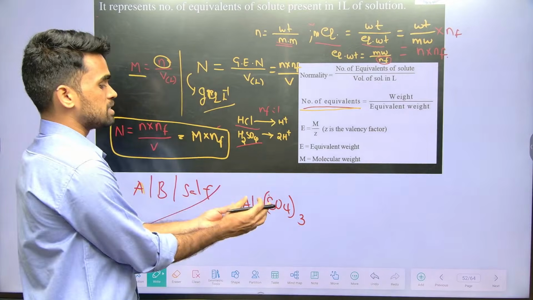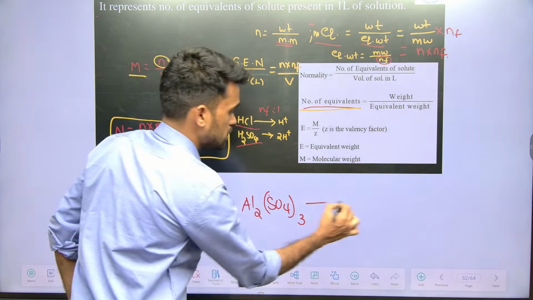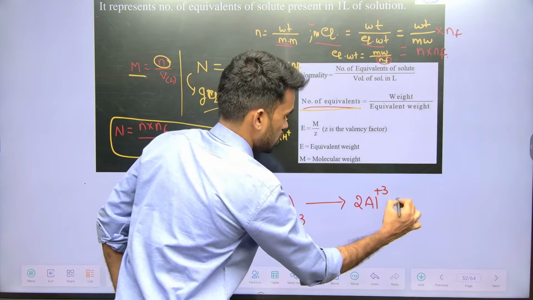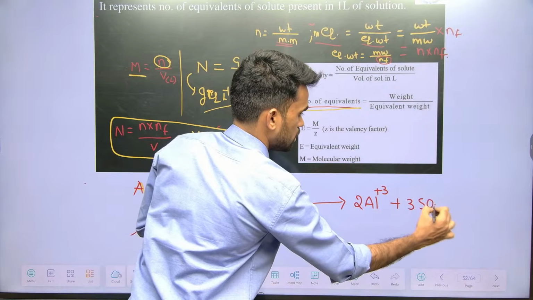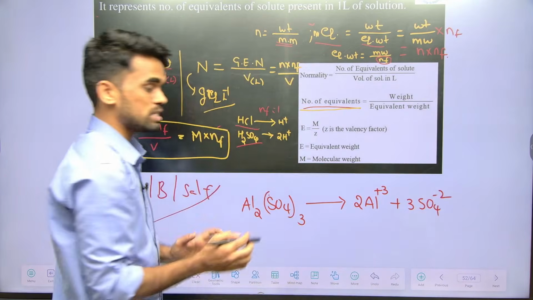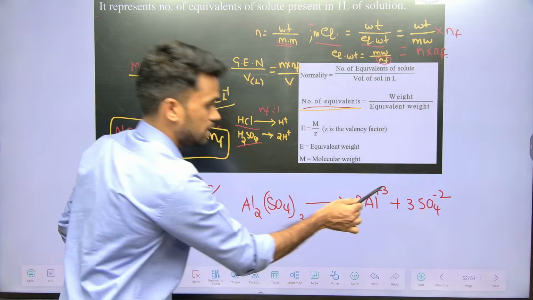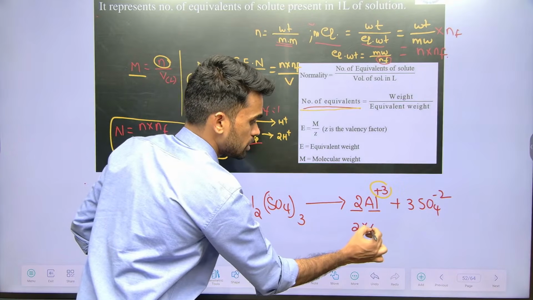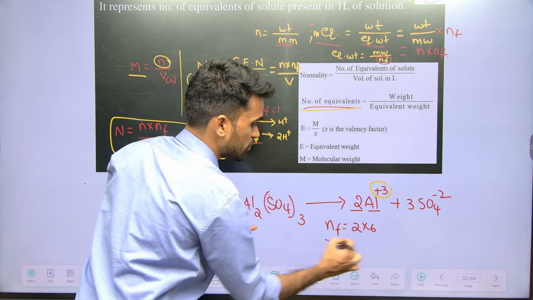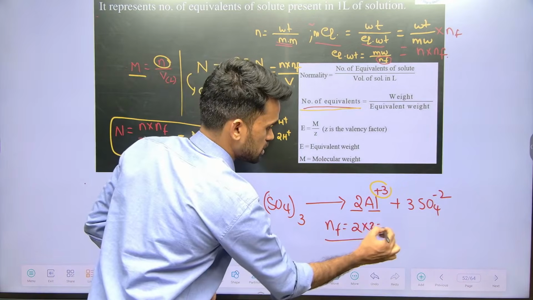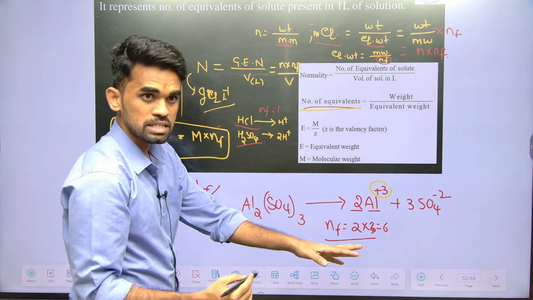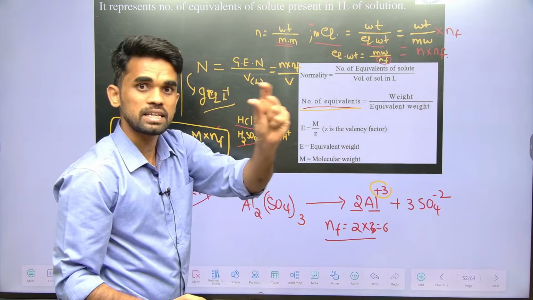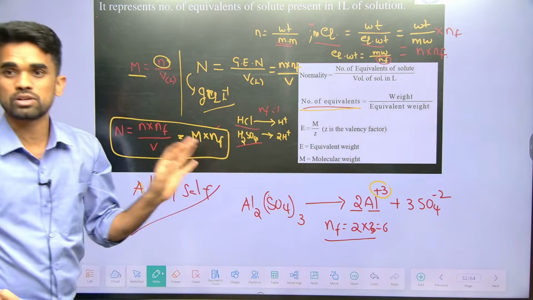When I place this salt in water, it gives 2 aluminum ions, each in +3, and 3 sulfate ions, each -2. So the total positive charge is 2 threes, which is 6. The total negative charge is also 3 twos, which is 6. Don't consider the minus sign, just take that number. That is the n factor of that particular solution.